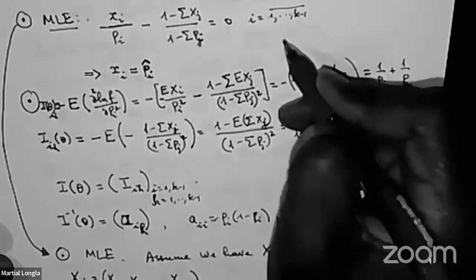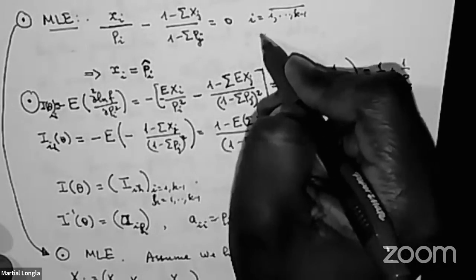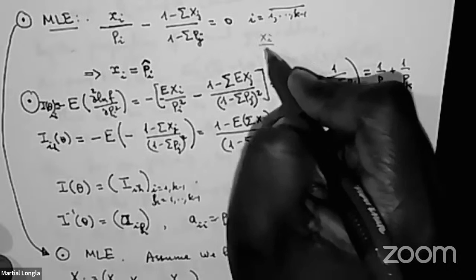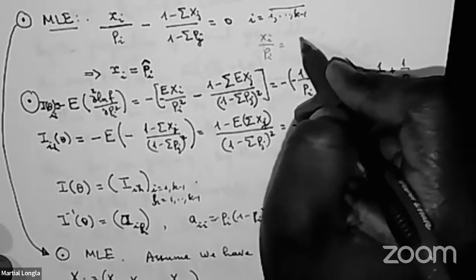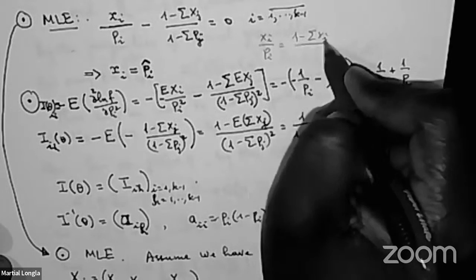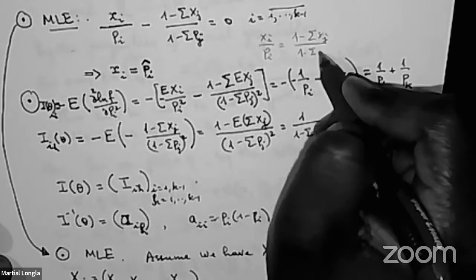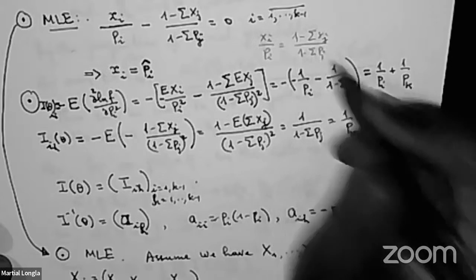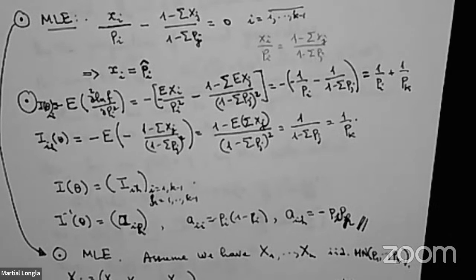Look here, for example. You have xi over pi equals 1 minus the sum of xj's over 1 minus the sum of pj's, right? This is what you have.